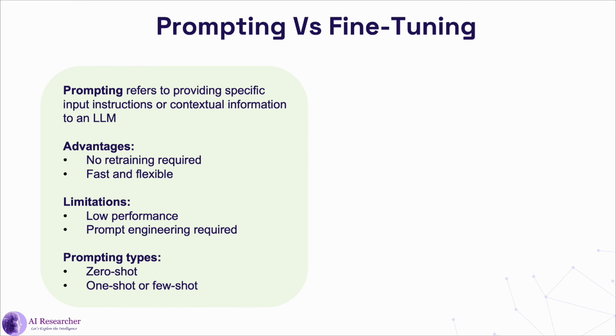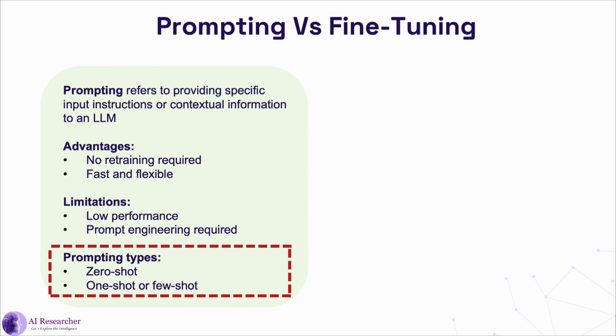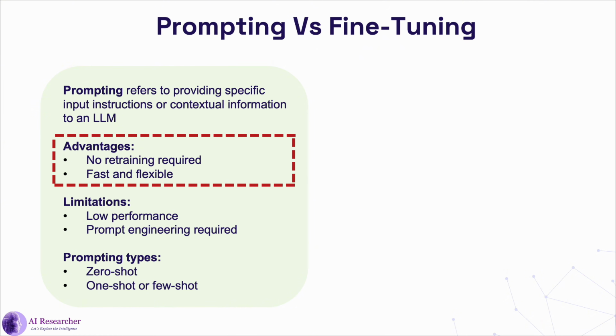How it works, we are also going to see in a bit. And what are the different types of prompting techniques that we see? It's zero shot, one shot or few shot prompting techniques. So that we are going to see in a bit, so I'm not going to explain them now. What are the advantages of prompting?